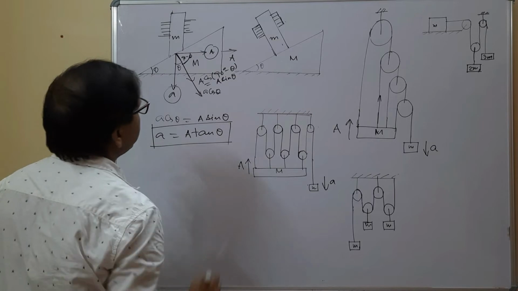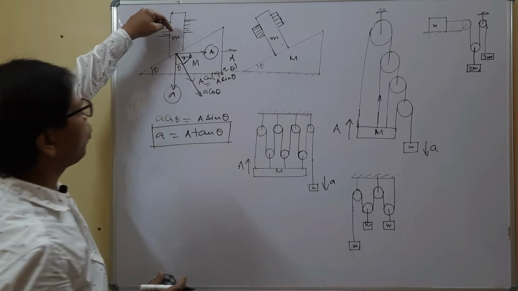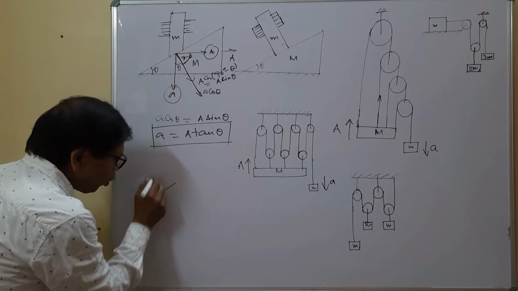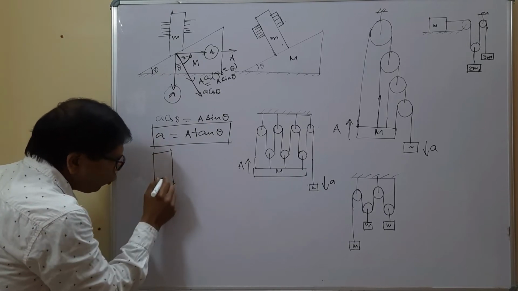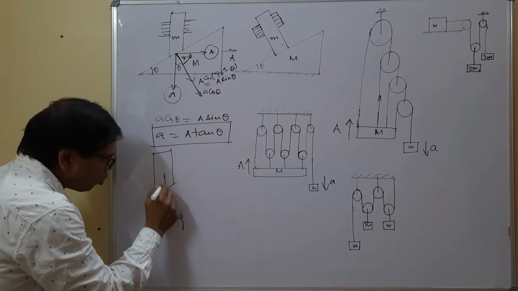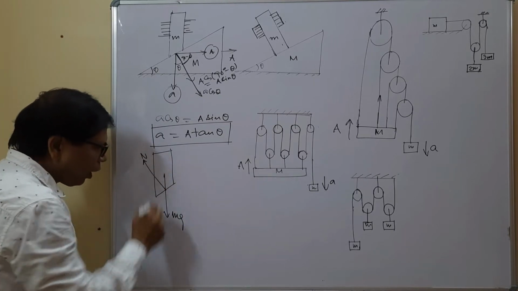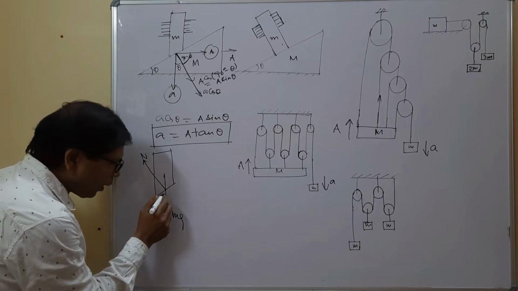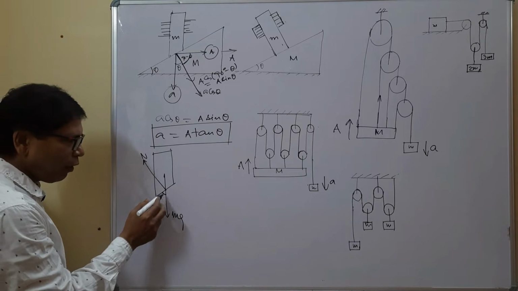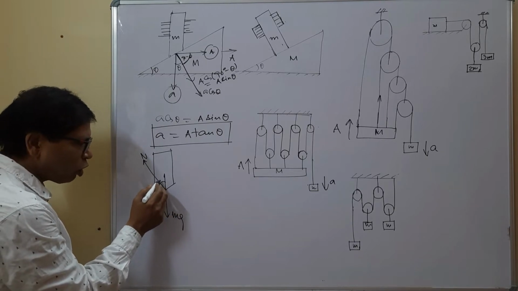Okay. Now look at this. The forces acting on it. Look at this. The forces acting on small m. Here, this is mg. Okay. And the normal force. This is N. Okay. Now look at this. This angle is 90 minus theta. This angle is 90 minus theta. So this is theta.